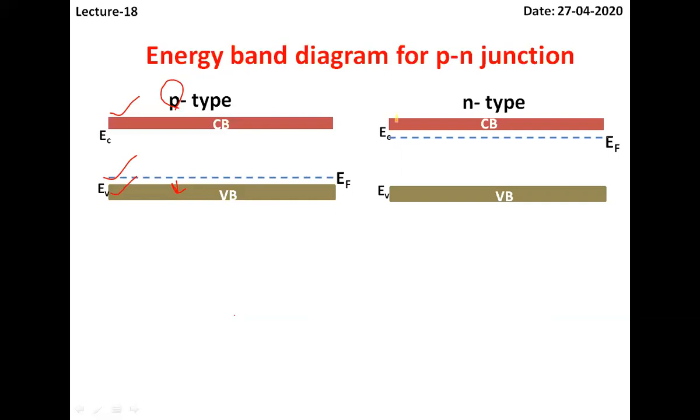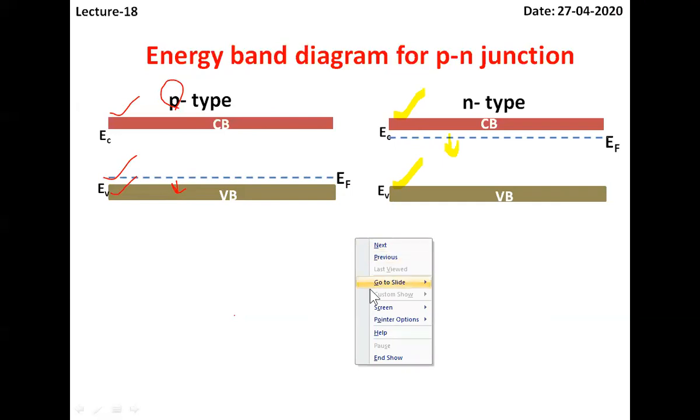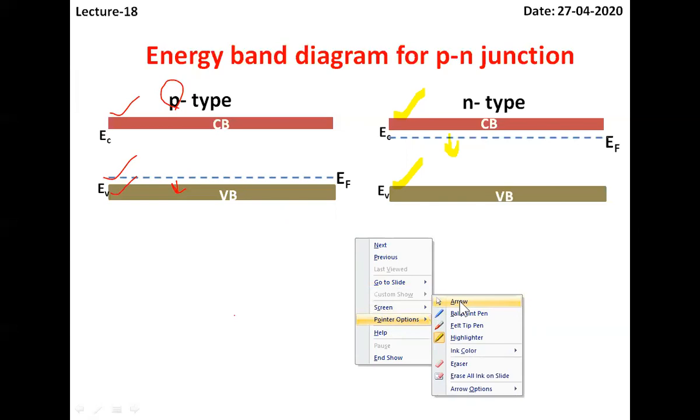So this is the conduction band, this is the valence band, and this is our Fermi energy level. These are the energy band diagrams before actually joining together, that means they are individual diagrams.